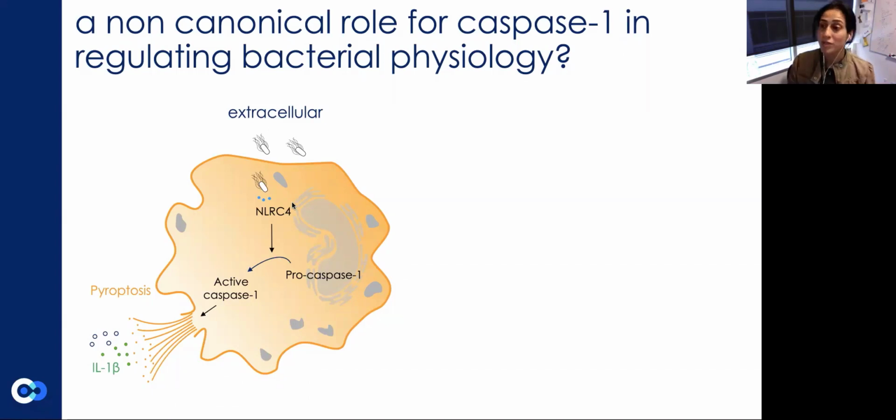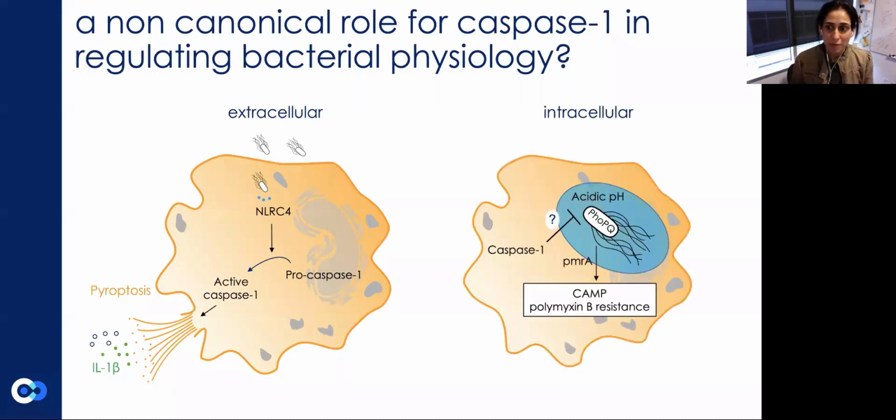The host has also evolved ways, especially type 1 interferons that I was talking about earlier, to actually shut down this active cell death process, right? So what we think is that a set of macrophages die early on in response to Salmonella infection, but in the subset that survives, there's an activity-independent role for caspase-1 in somehow neutralizing or inhibiting, let's say, or changing the pH of the vacuole that dampens this whole axis, essentially.